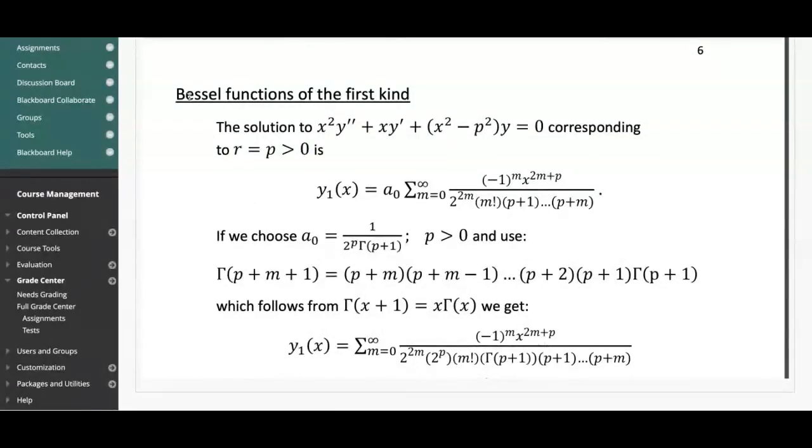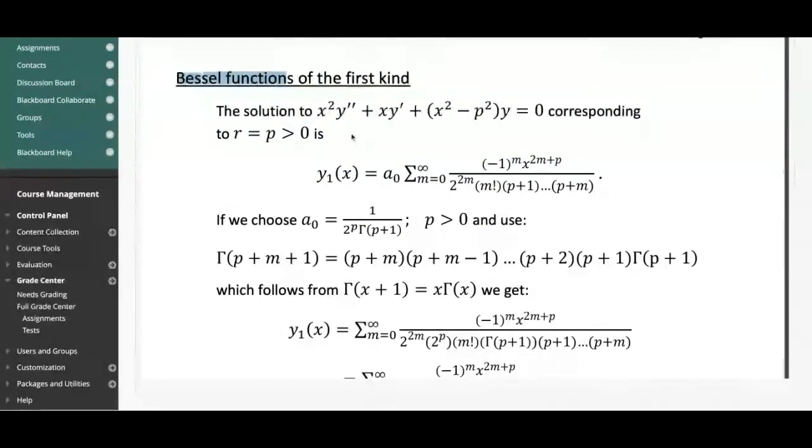Then we talk about the Bessel functions of the first kind, right? And the solution to this one, again corresponding to r equals the positive solution, is this. Just like we have seen before.